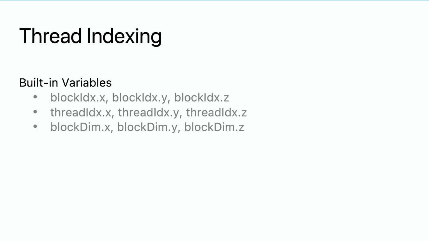And blockDim.x, blockDim.y, and blockDim.z are the built-in variables that return the block dimensions, that is the number of threads in a block in the x-axis, y-axis, and z-axis. So we can express the blocks and threads in a block as a 1D array, 2D array, or a 3D array. This can be helpful while working with 2-dimensional or 3-dimensional arrays.